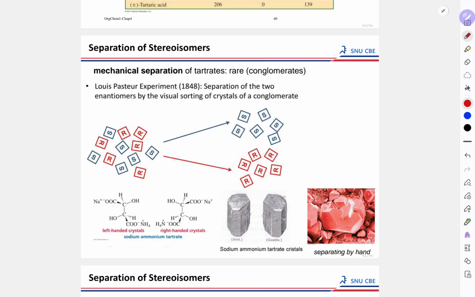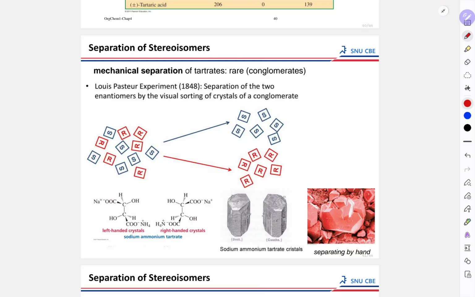That sounds quite inconvenient. There's another way: you can make a reaction. You have an R and S racemic mixture, and you can react this with, for instance, one specific enantiomer molecule. In this case, you have the R form for this reactant.